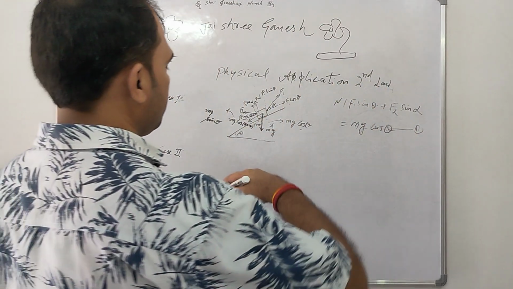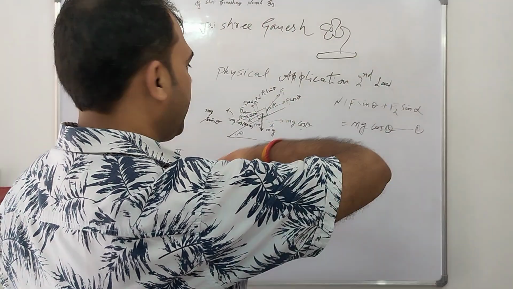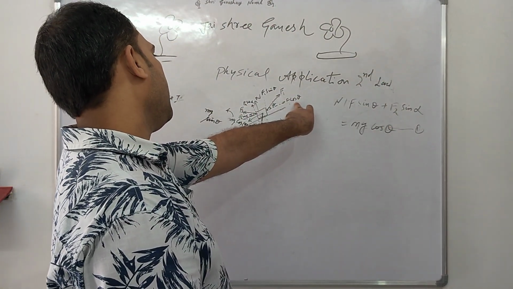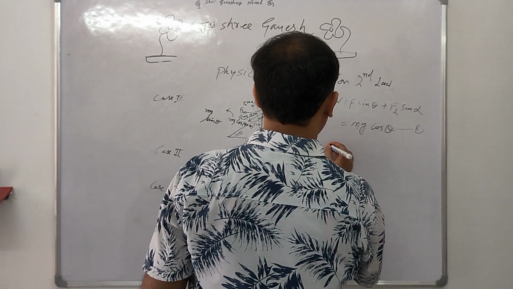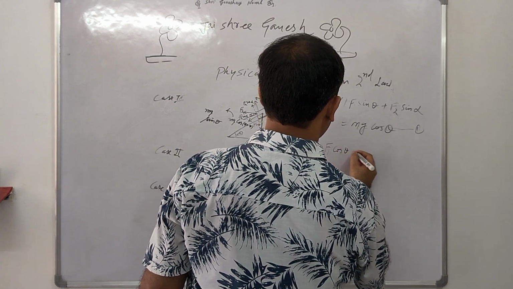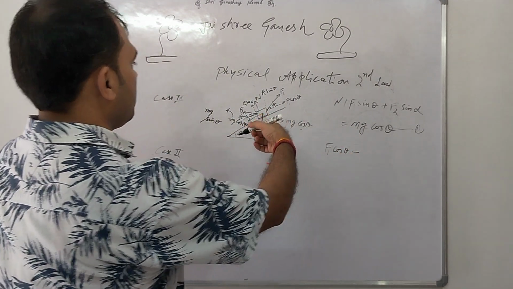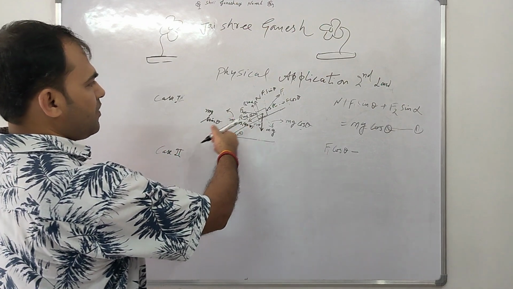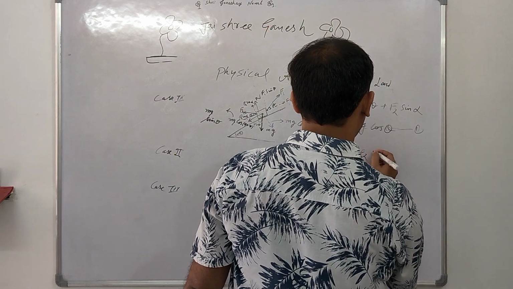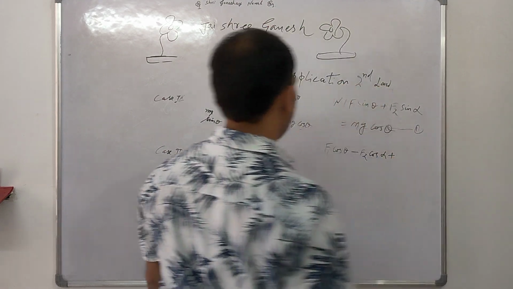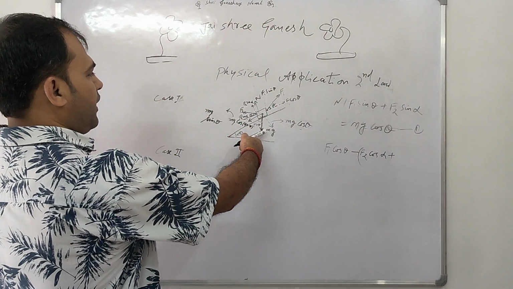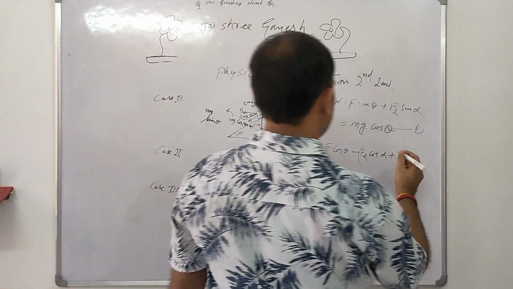Now let us consider forces along the plane. Forces along the plane are, in the upward direction, F1 cos theta, minus, in the opposite direction, F2 cos alpha, plus the component of mg sin theta.